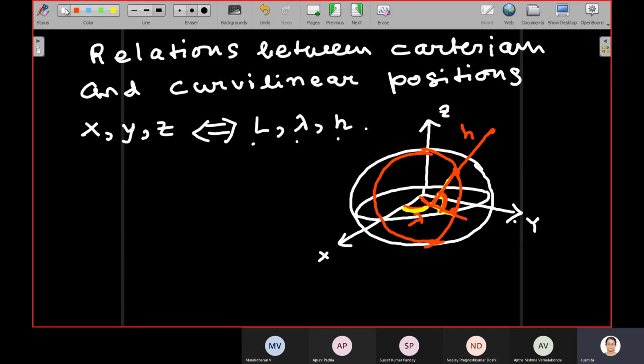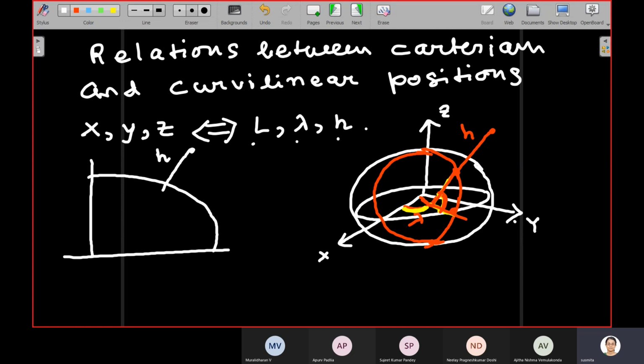Now if we see the north down section, this distance is h, and then we extend it further. This angle is L. This is the minor axis. We extend further, and this length is nothing but RE. This is RE, right?